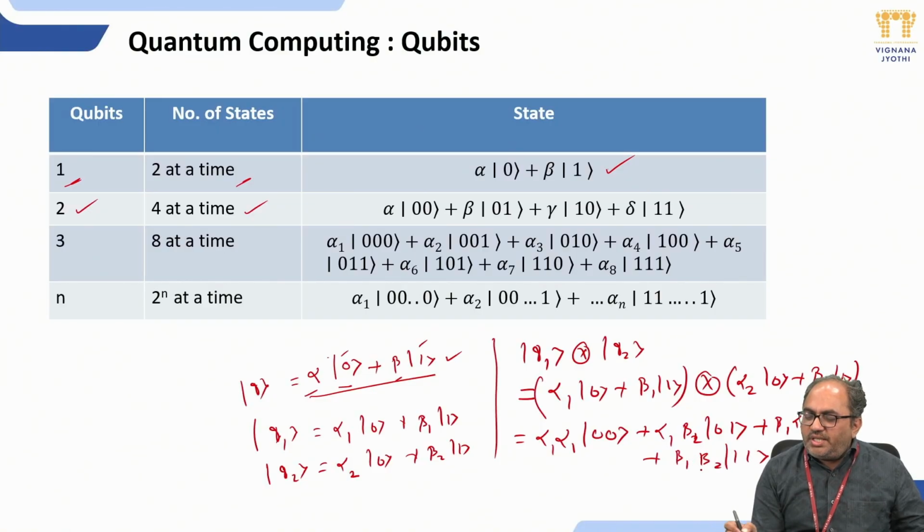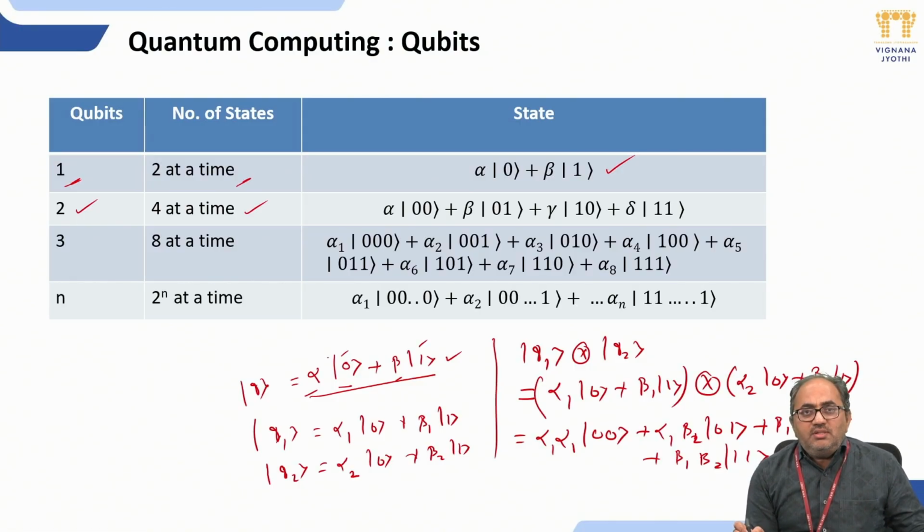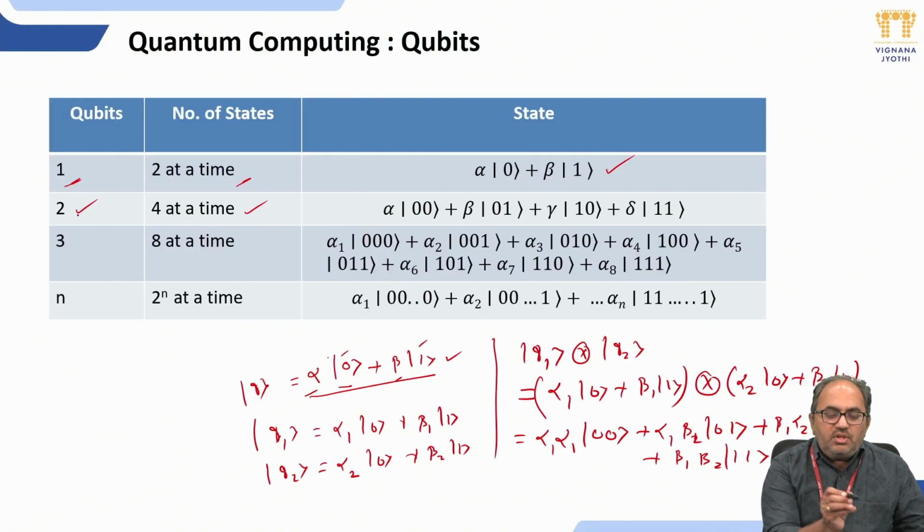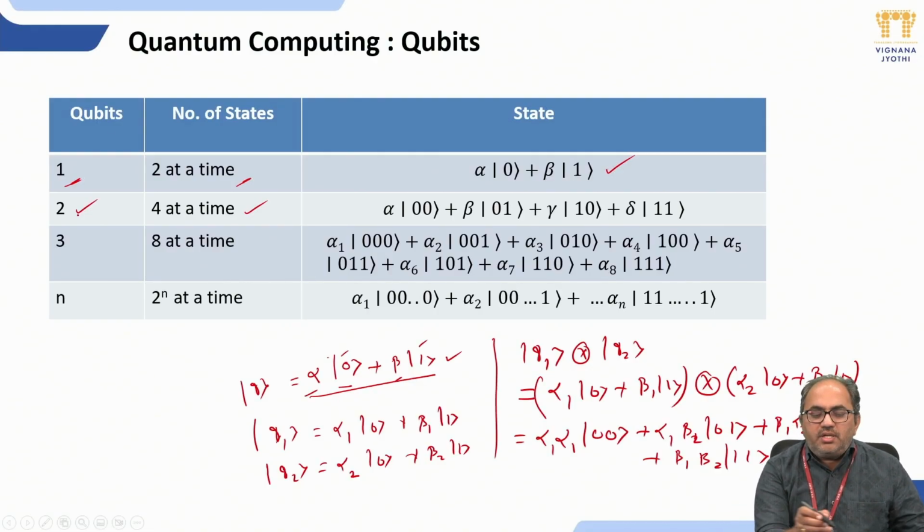So I have 4 states with 2 qubits. All 4 states will be seen simultaneously.